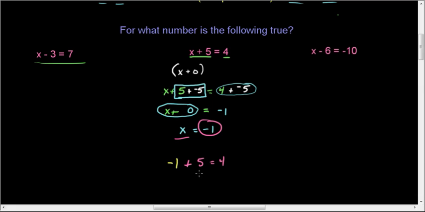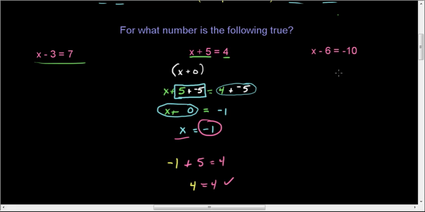Is that true? Well, negative 1 plus 5 is in fact 4. So 4 equals 4. True. So my answer of x equals negative 1 is a good answer. And you can check each one of these just like that.